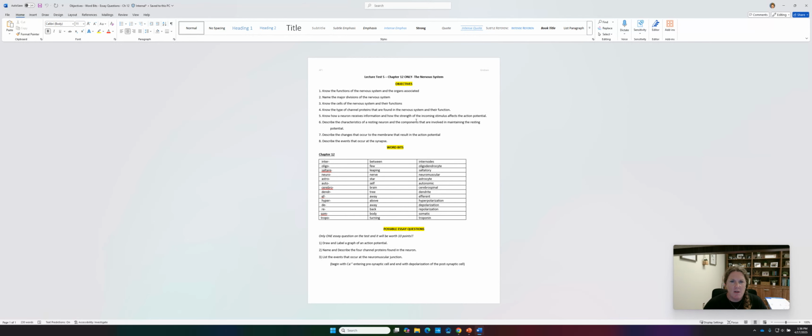In Chapter 12, we're only going to be looking at one chapter, but it is going to be broken up into several parts. You're going to be taking a look at these 8 objectives. I believe the videos or the notes are broken down into Objectives 1 through 4, which is pretty much Chapter 12, Part 1, and then you're going to take a look at 5 through 8 in Chapter 12, Part 2.